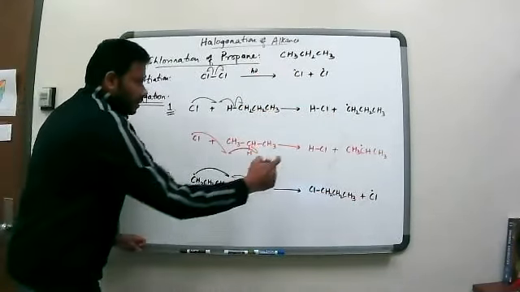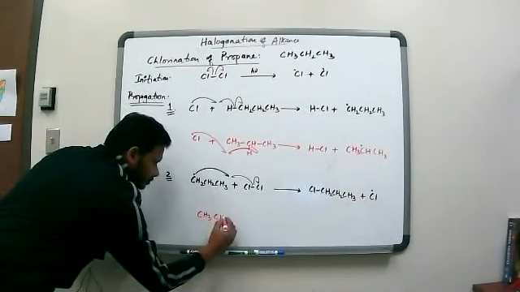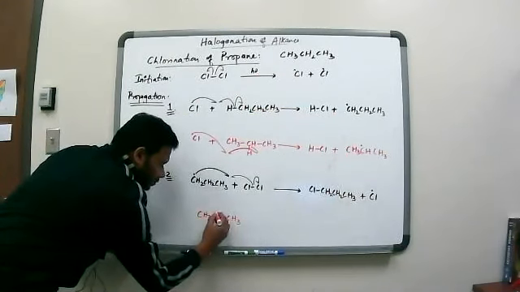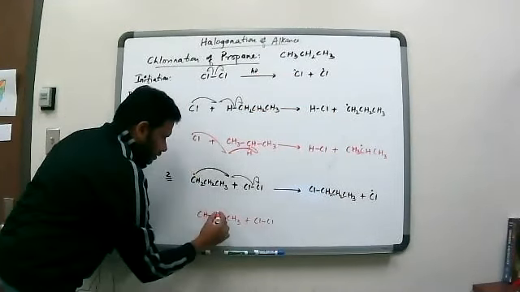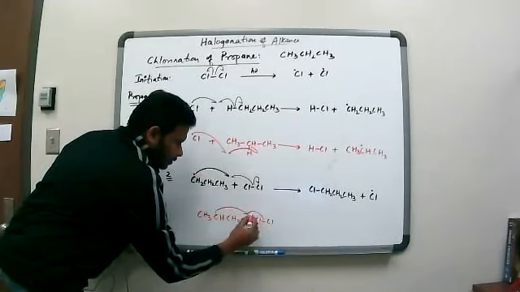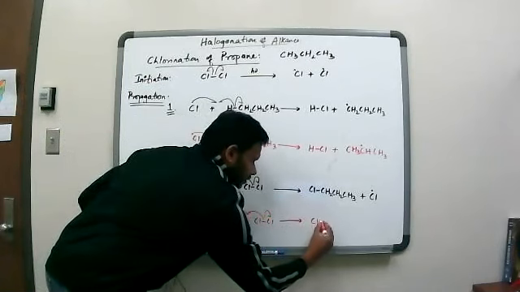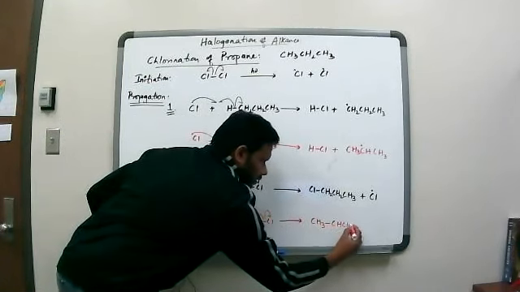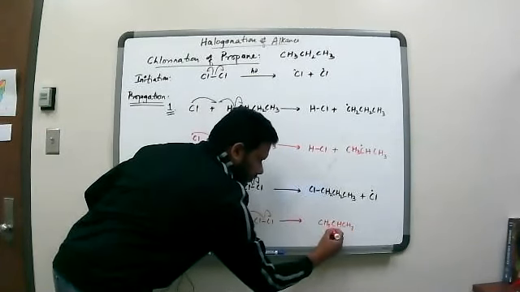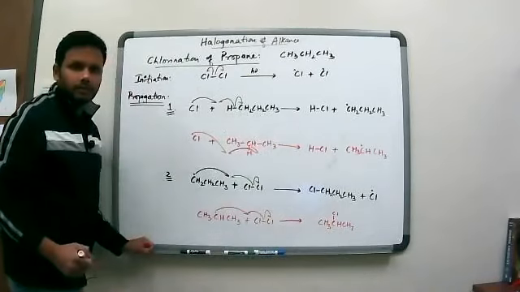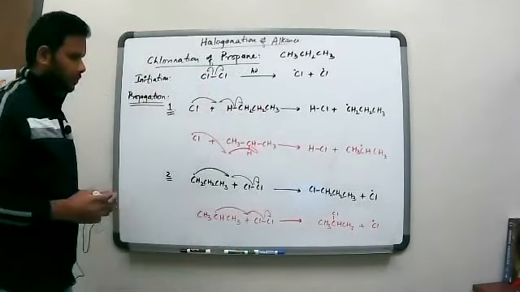The other possibility using the secondary radical is that the secondary radical now reacts with the chlorine, cleaves, and it would give us CH3, CH, CH3 with a Cl plus a chlorine radical.